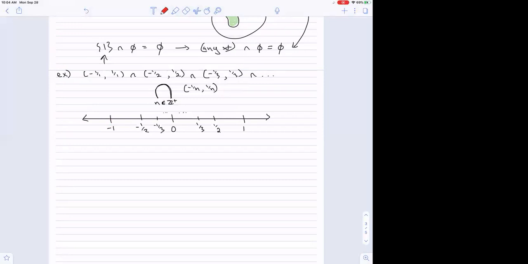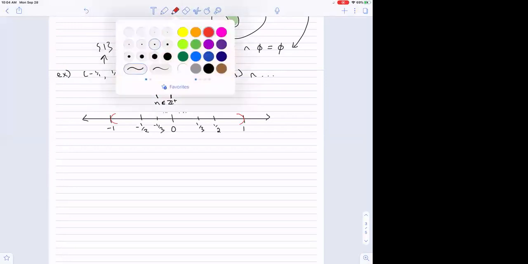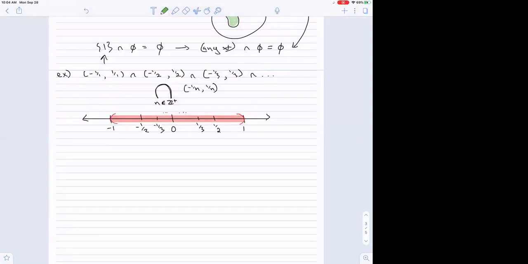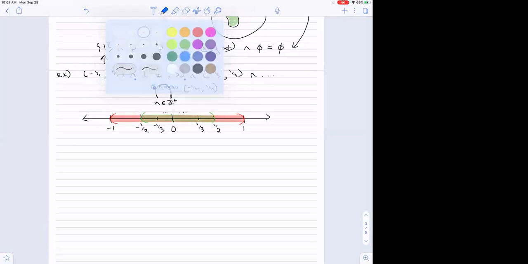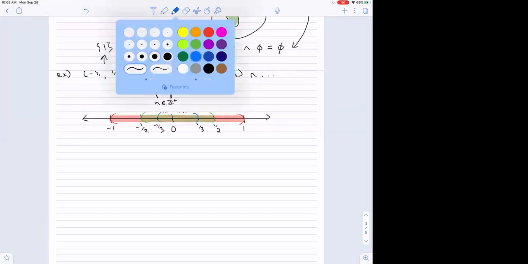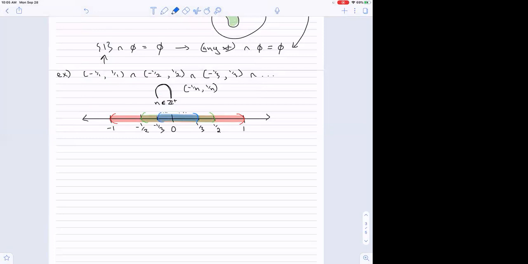So this is the first set in the intersection. Then the second one is from -1/2 to 1/2. And then the third one is from -1/3 to 1/3. And we keep going on, so from -1/4 to 1/4, that interval. So what do you think this intersection should look like?